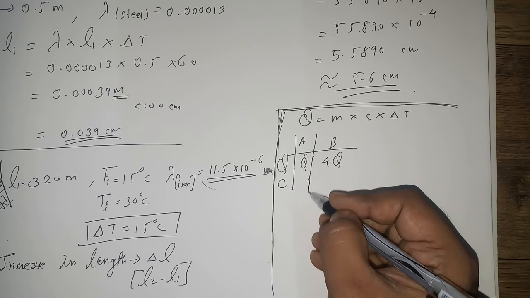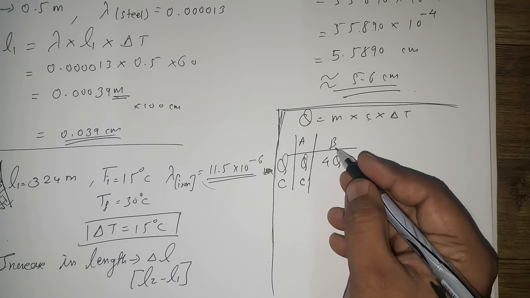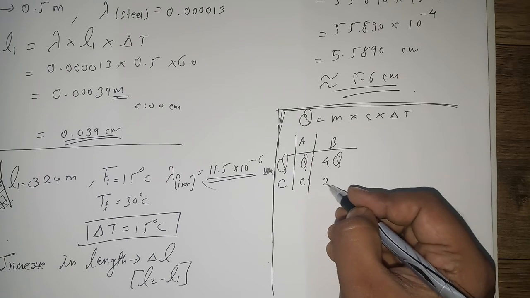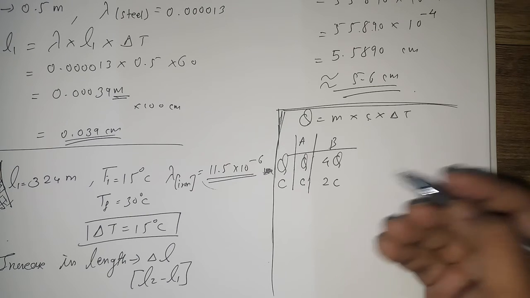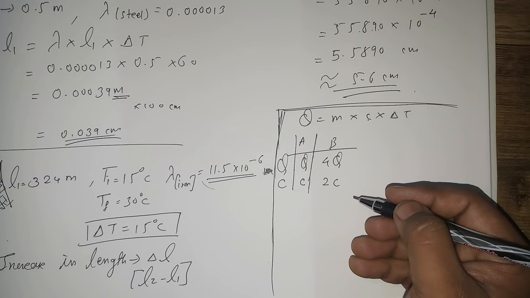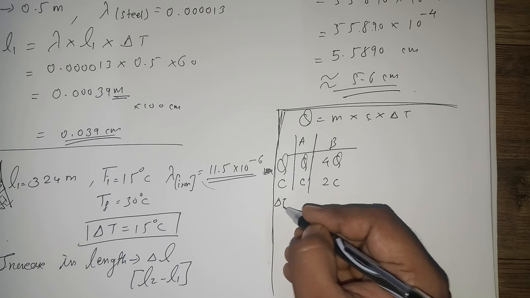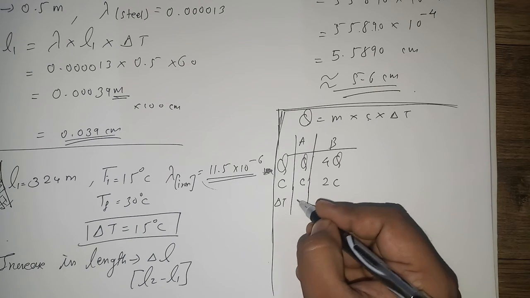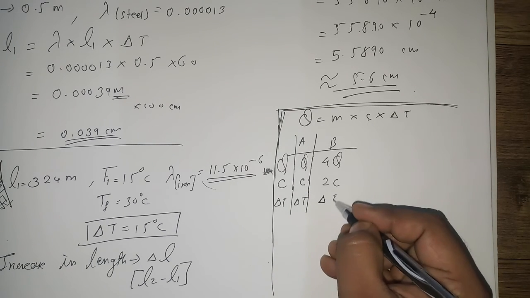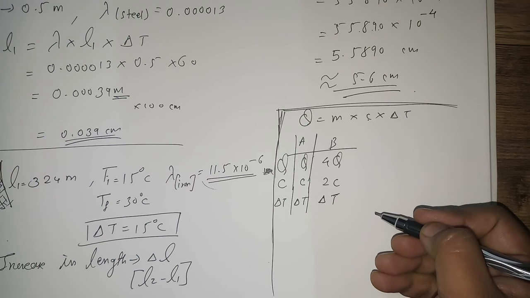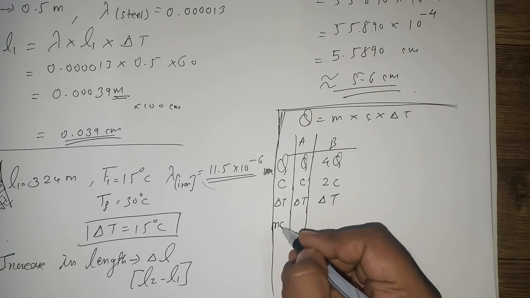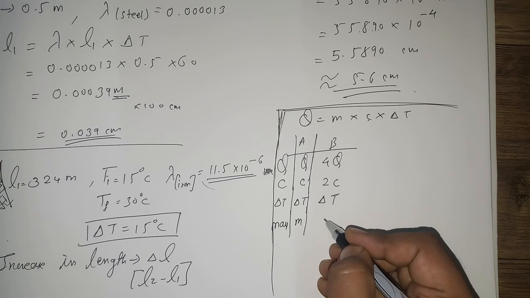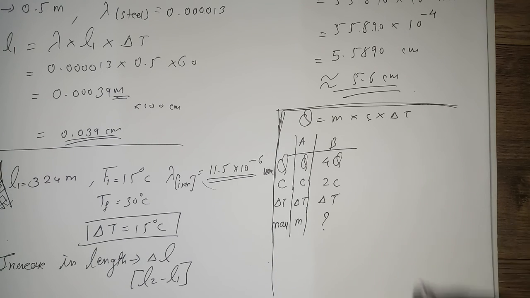The specific heat capacity for A is C and specific heat capacity for B is 2C. The change in temperature delta T for both of them is the same, delta T. If the mass of A is m, what is the mass of B?